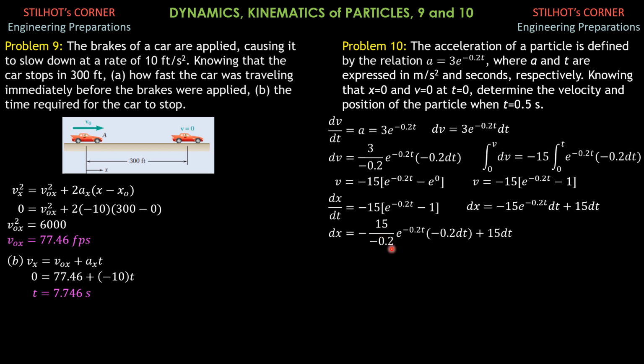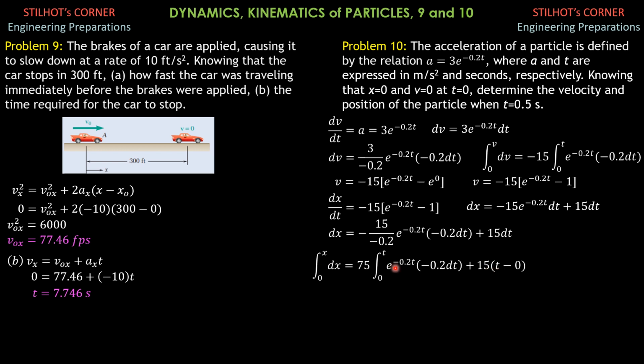Negative 15 over negative 0.2 is 75. So the integral from 0 to x of dx equals 75 times the integral 0 to t of e to the negative 0.2t times negative 0.2 dt plus 15t from 0 to t. The integral of 15 dt is just 15t, t minus 0, so it's 15t.